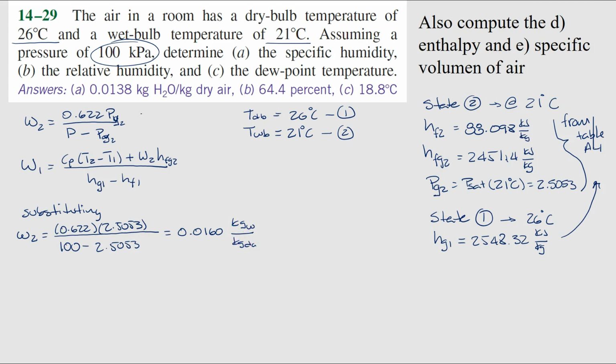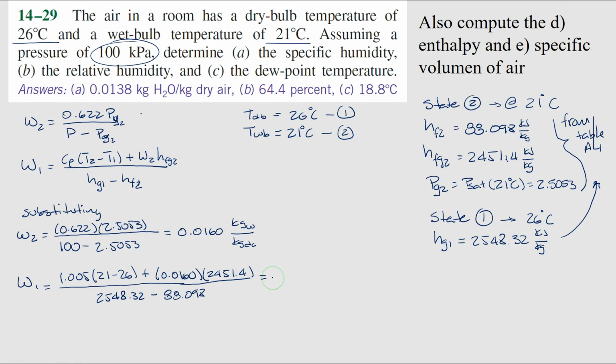With this data, we can get omega 1 to this value. So we have our first answer. With this value of humidity ratio, we can relate it to the vapor pressure.